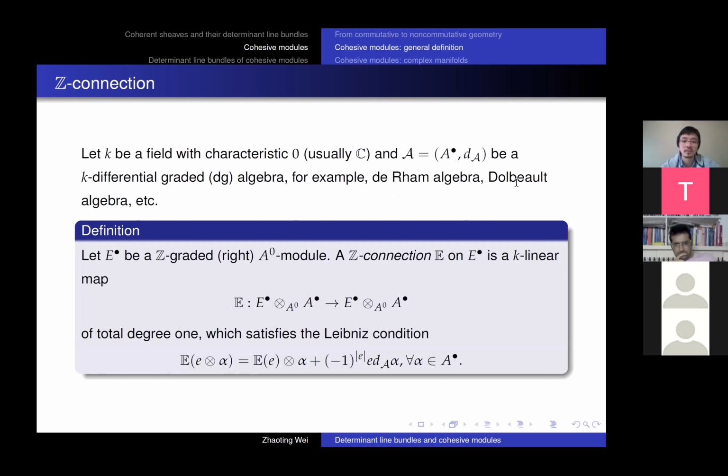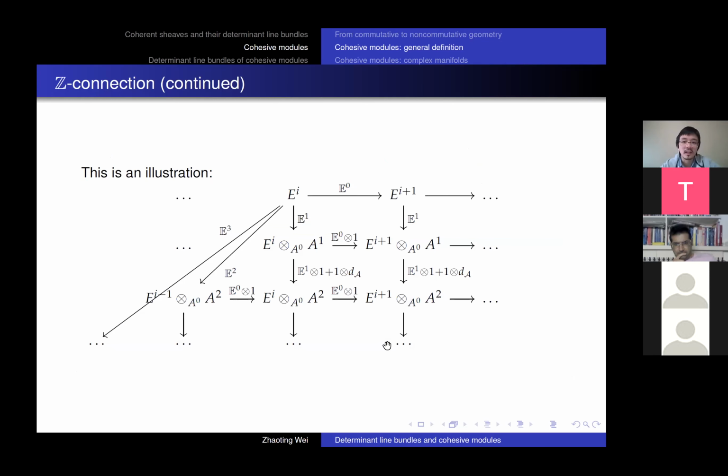In this talk, we mostly focus on the double differential graded algebra. And a Z connection: let E dot be a Z-graded A0 module. A Z-graded connection is a k-linear map from the tensor product to the tensor product of total degree 1 and satisfies the Leibniz condition. This definition may be difficult to understand.